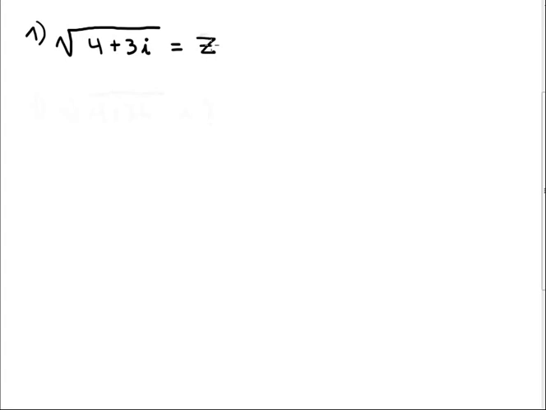Let me call it C. And this complex number is formed by two components, x plus iy.